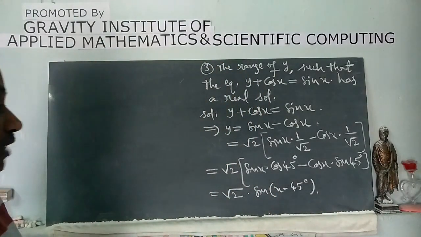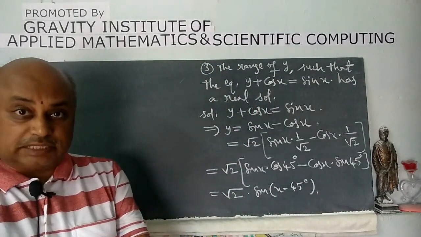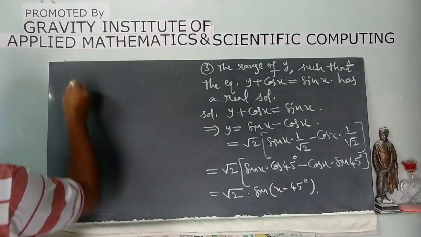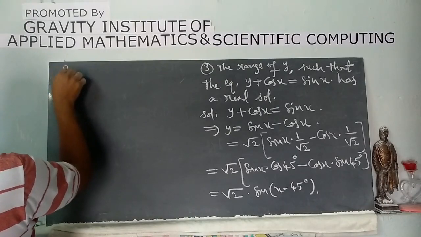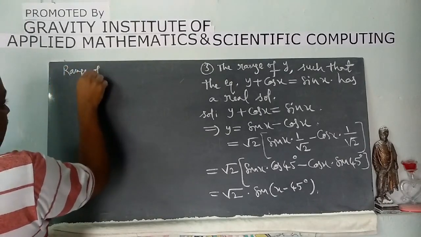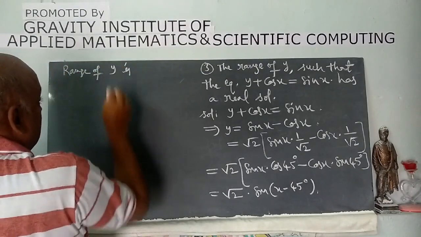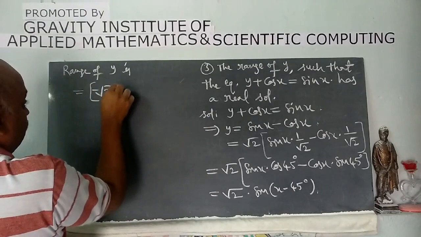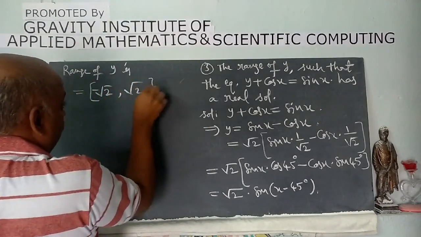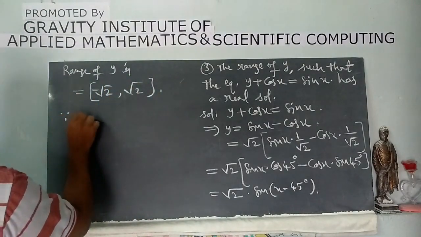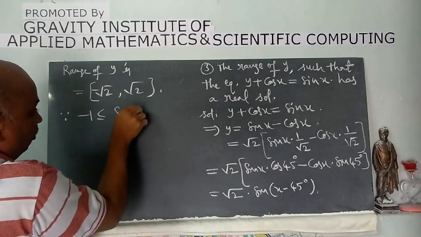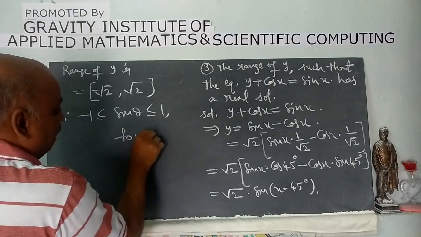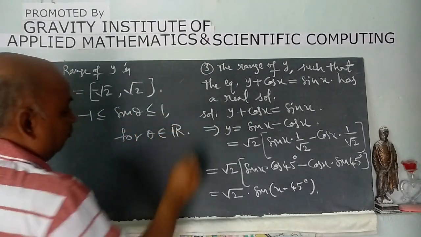Here we know that sin theta always lies between minus 1 and plus 1 for theta belonging to the set of real numbers. So the range of y is minus root 2 comma root 2, since minus 1 is less than or equal to sin theta less than or equal to 1 for theta belonging to the set of real numbers.